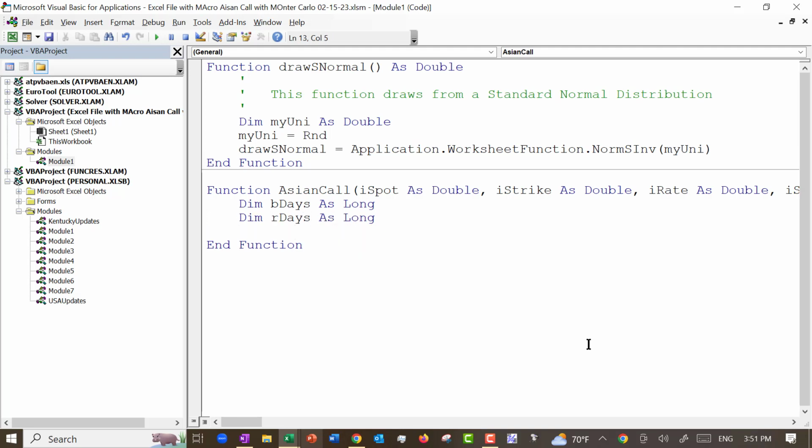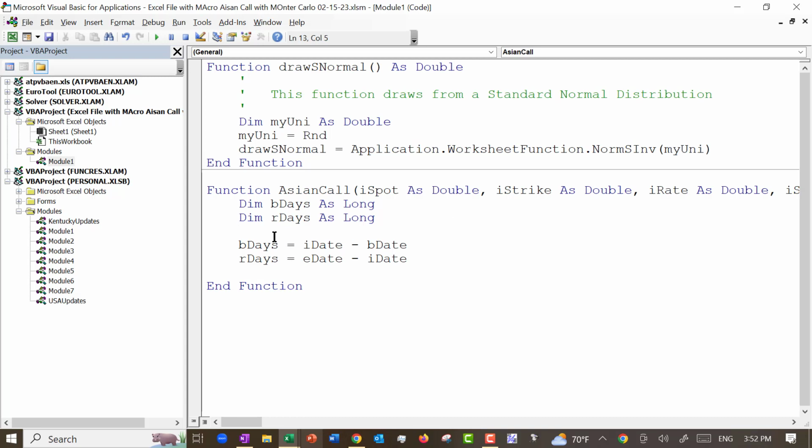B days is days since beginning. R days is number of days that remain. So B days is gonna be I date minus B date. So we know how many days have been.